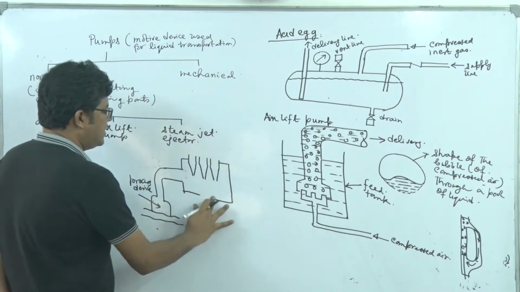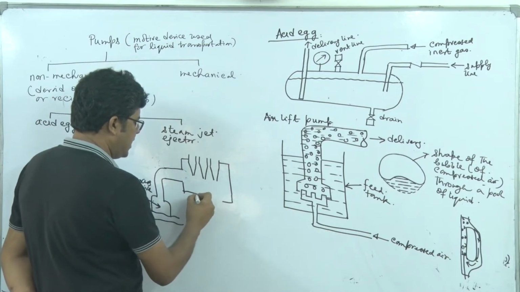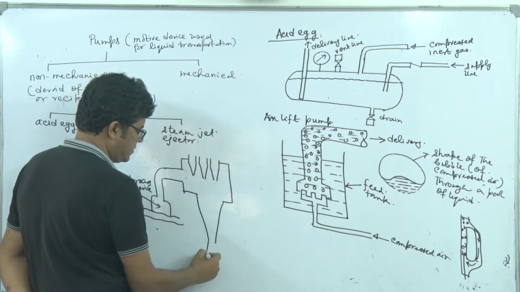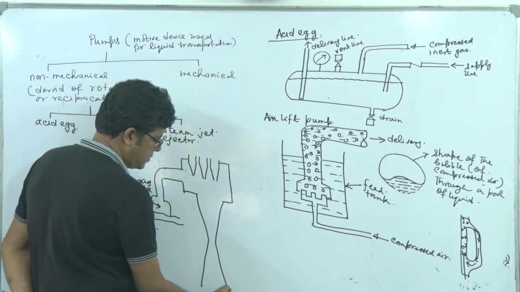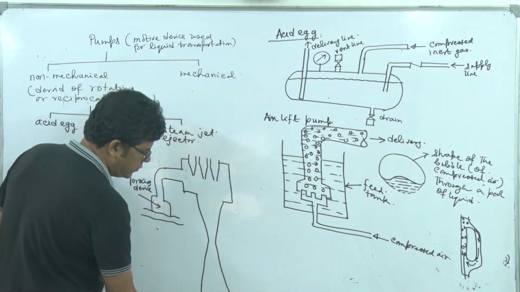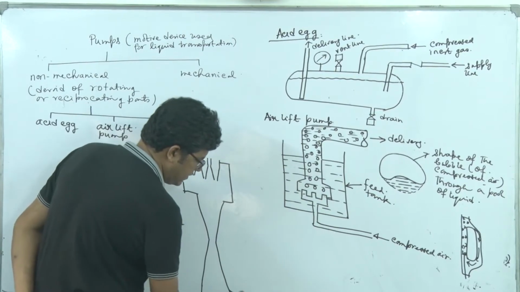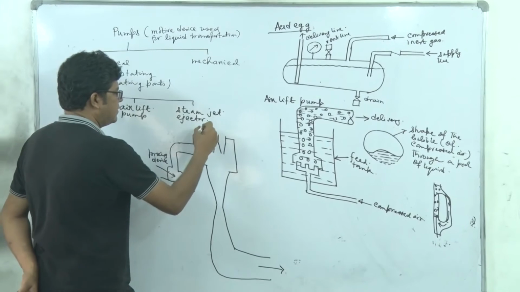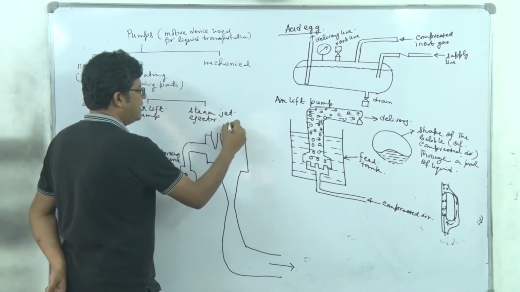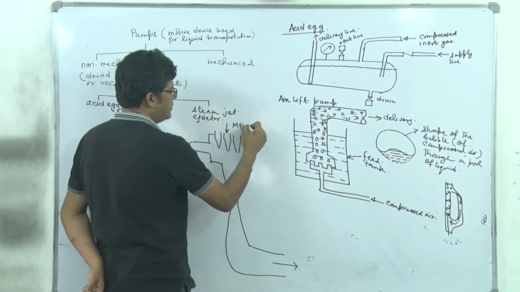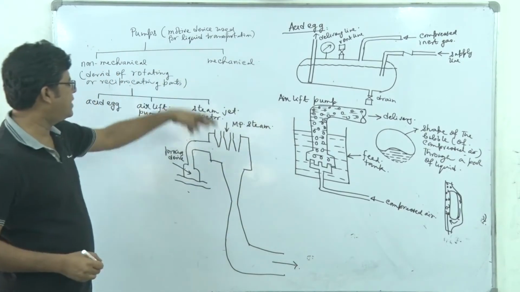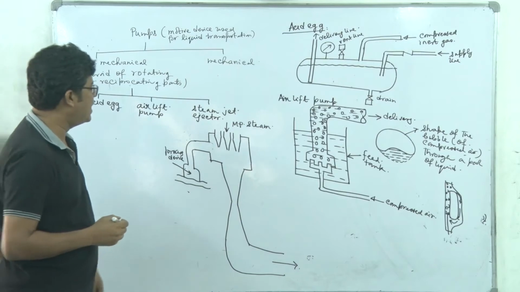So in the steam jet ejector, after this box, we have a converging-diverging section, and it goes to the condenser section. We will not discuss it. Now through this nozzle, we deliver medium pressure (MP) steam. As we are delivering high pressure steam, what will happen?